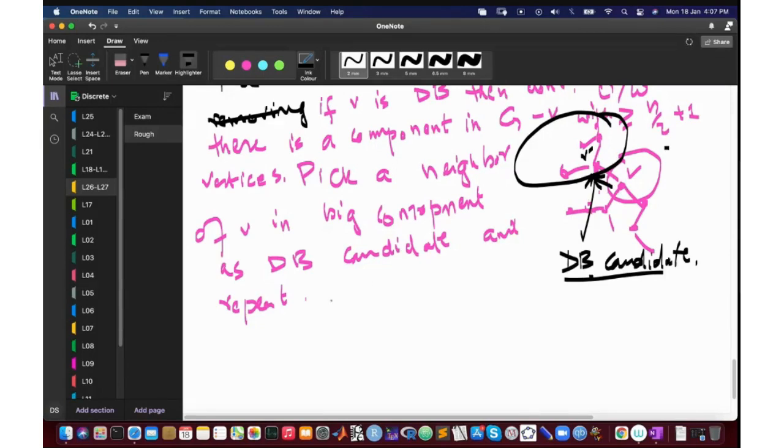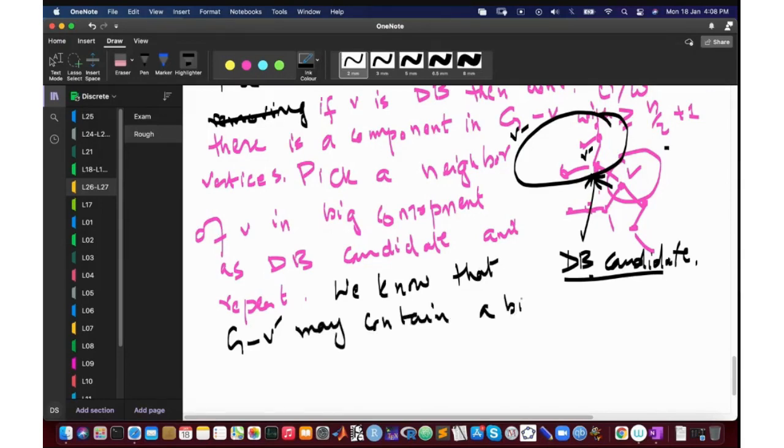Pick a neighbor, which I have named V bar, of V in the big component as the DB candidate. We know that G minus V bar, the graph where we remove this vertex, may contain a big component.